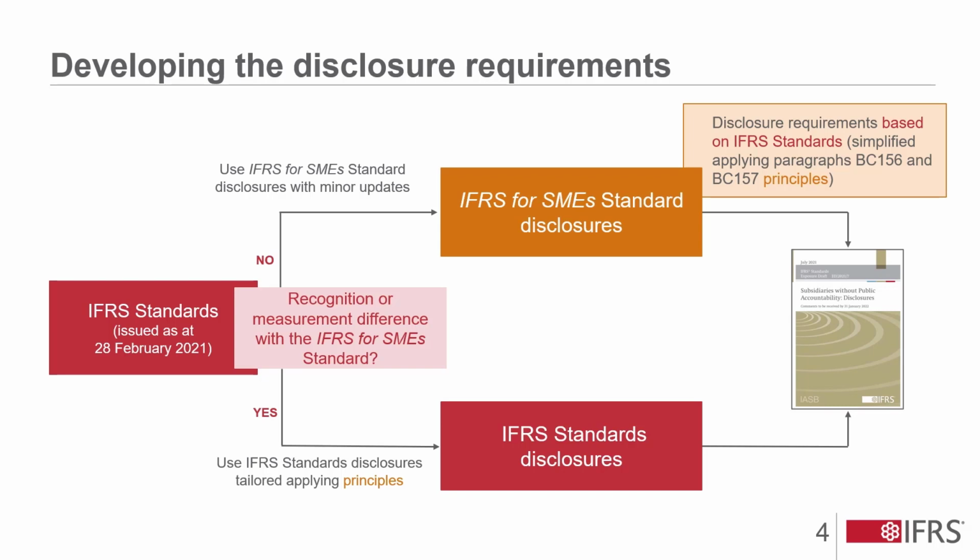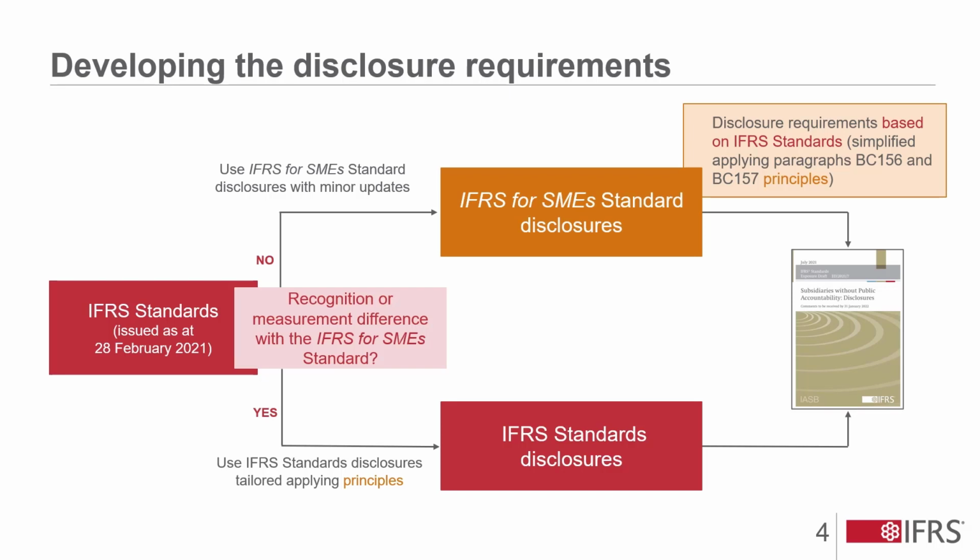Where recognition and measurement requirements differ, the board used the disclosure requirements in IFRS standards, but tailored them by applying the principles it used in considering users' information needs in the IFRS for SMEs standard. Such a difference arises when there are topics or options omitted from the IFRS for SMEs standard, but are in IFRS standards.